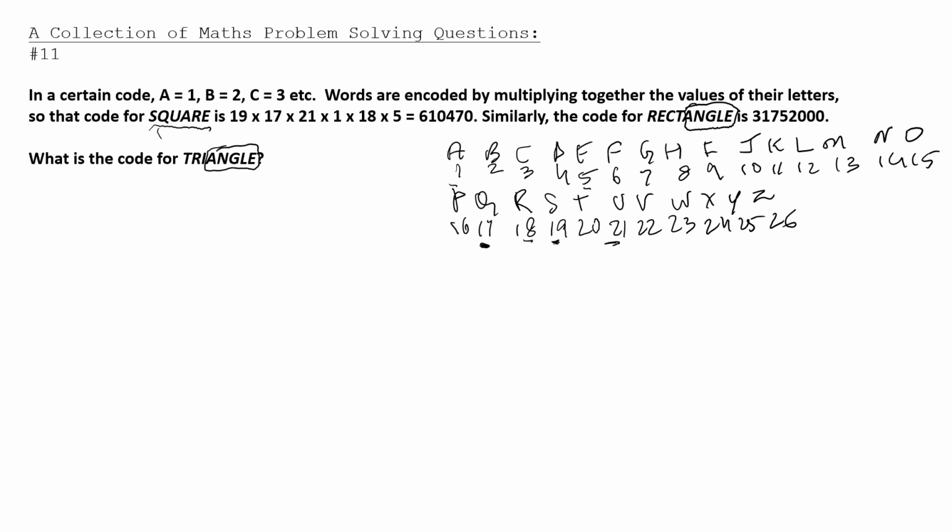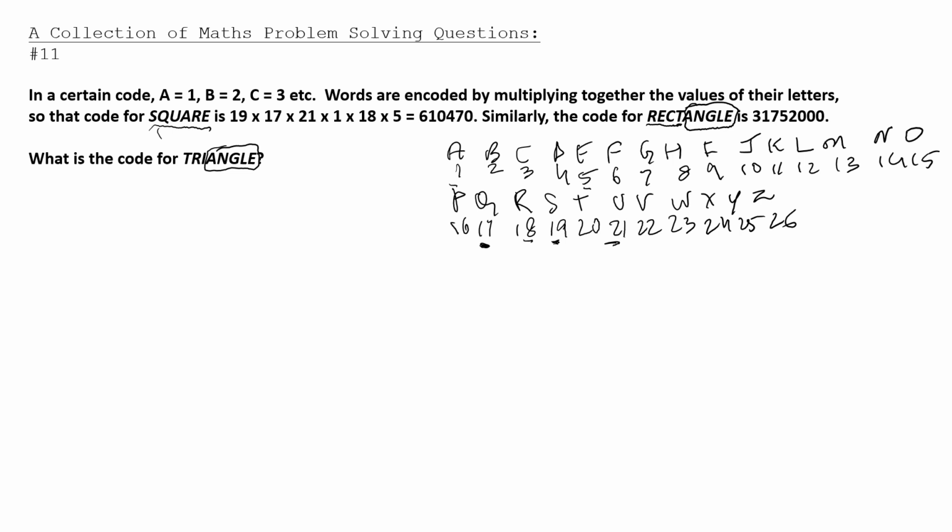So if we could find out the product of RECT, and divide 3,175,200 by the product of RECT, then we should know what ANGLE is, and we can use that to find out what triangle would be.